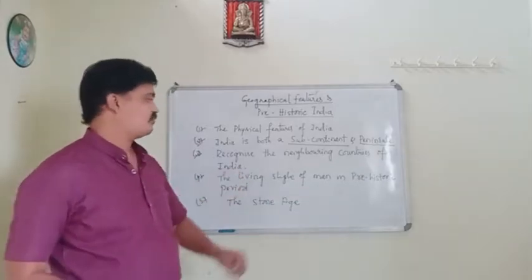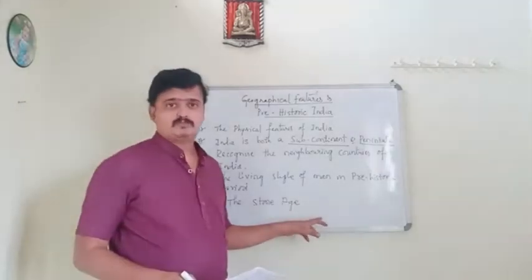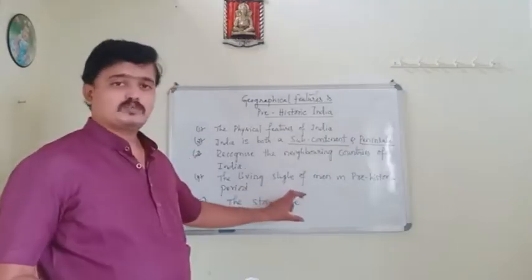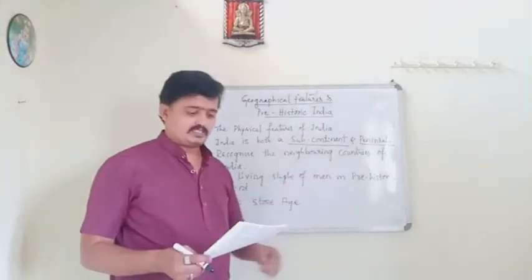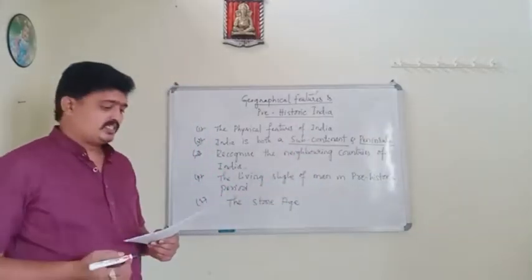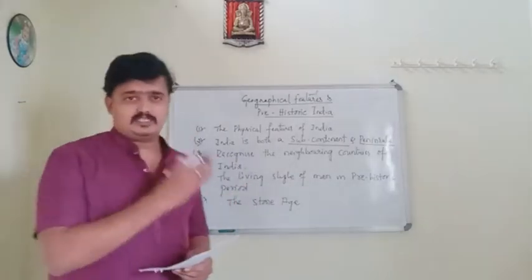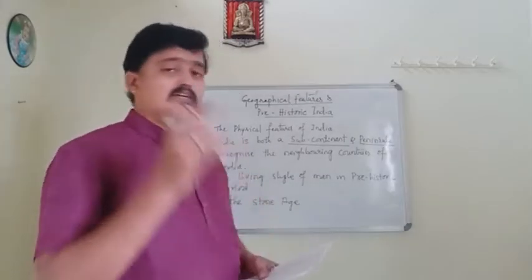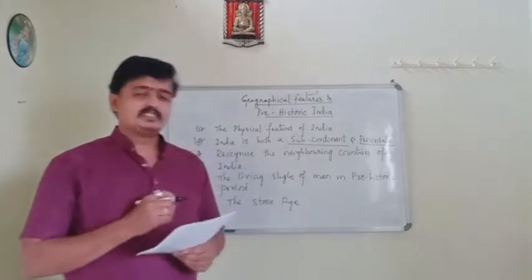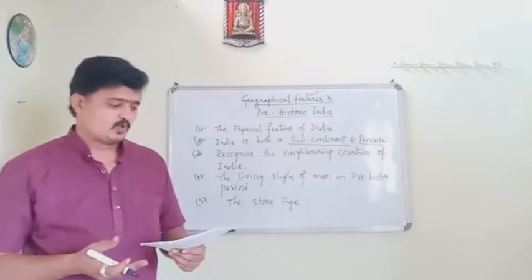And finally, the Stone Age, we are also going to learn in this lesson. And we have already known that our India consists of 29 states, 8 union territories and one capital region, that is Delhi.